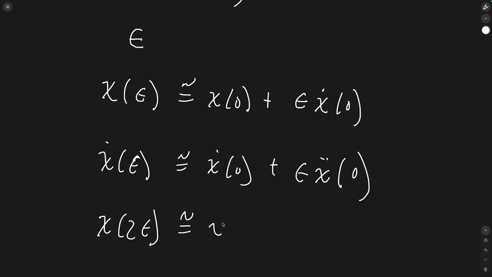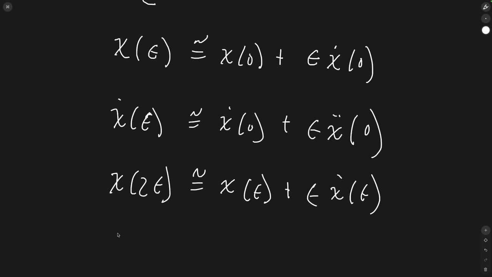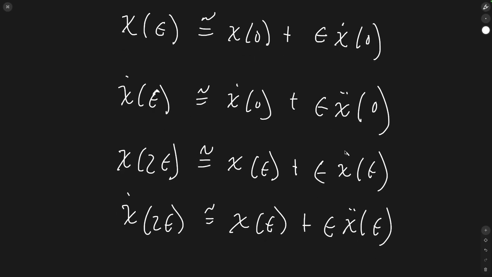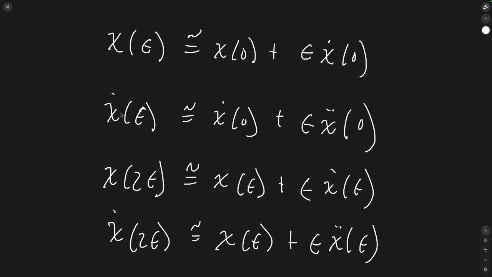So now we have x of e, and to get x of the next increment, we just look at the last one, right? Same for its derivative. And you can do this to get all of time, right?